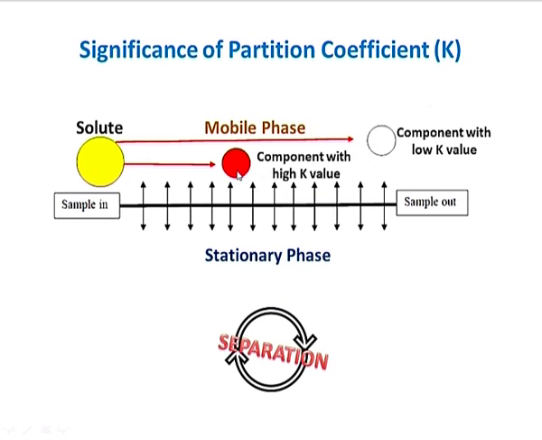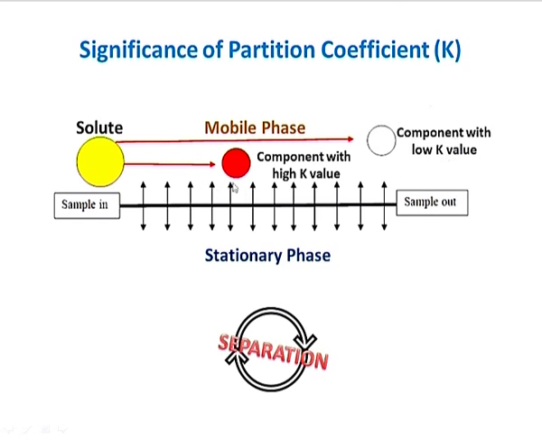Let us say this red particle has a high K value, that is a high partition coefficient value, and this white one has a low partition coefficient value.